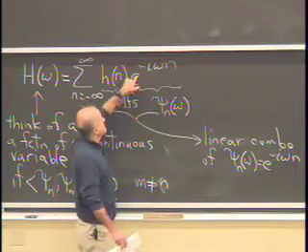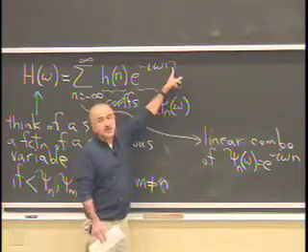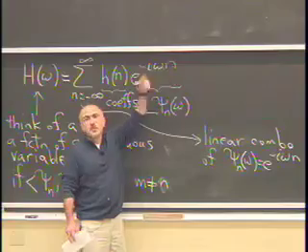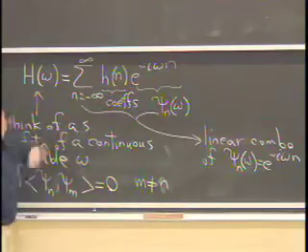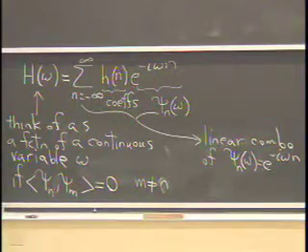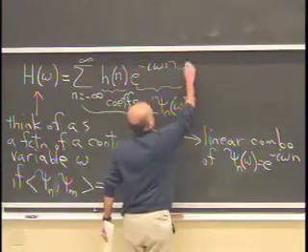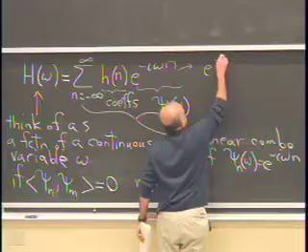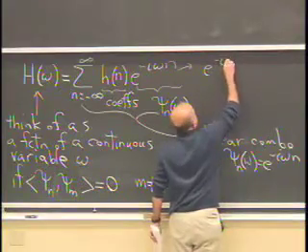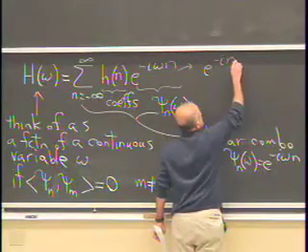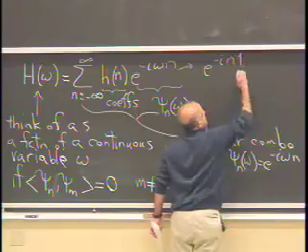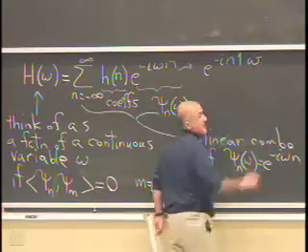Now we have e to the minus i omega n. Instead of k, I have an n, and my omega naught happens to be 1 in this case. So you can think of this as e to the minus i n instead of k, 1 instead of omega naught, and omega instead of t.